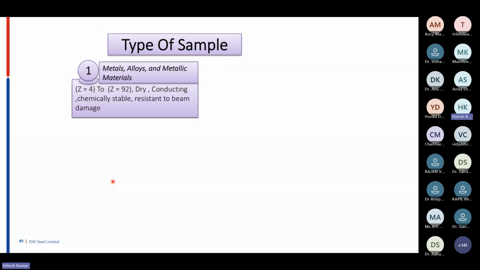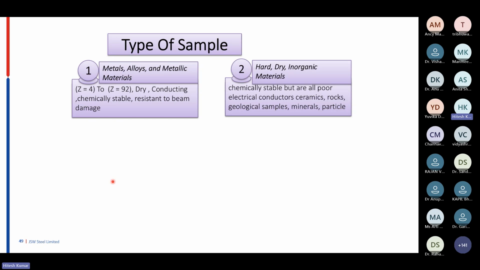Like we are going to take different samples. Let's suppose you have metals, alloys, or metallic materials from atomic number 4 to 92. You can use normal electron microscopy, high vacuum electron microscopy.